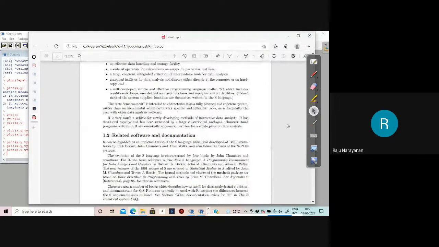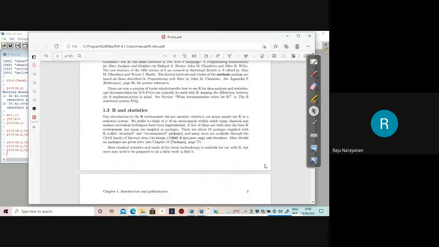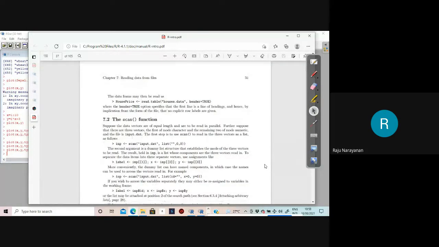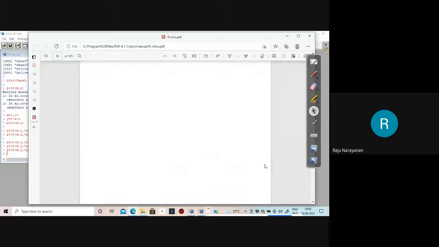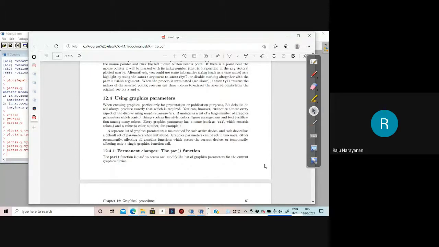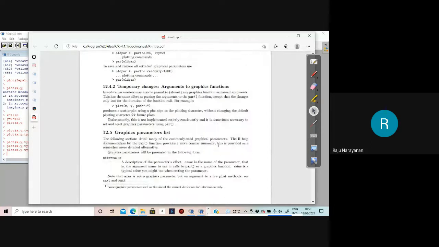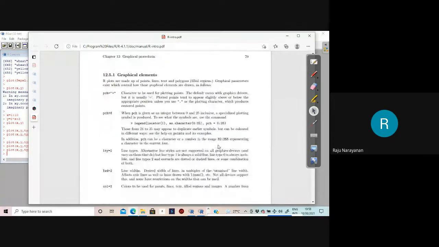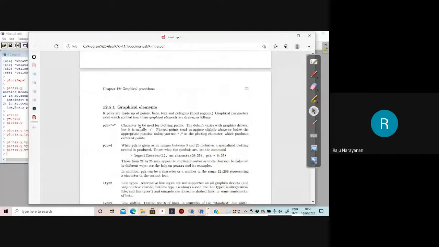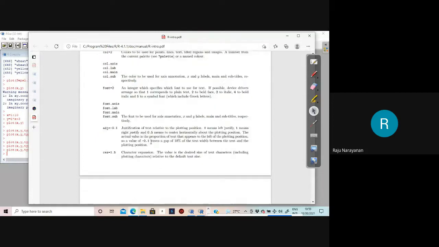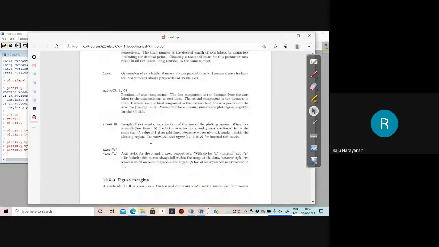Graphical parameters list: pch, lty, lwd, all those things are there.